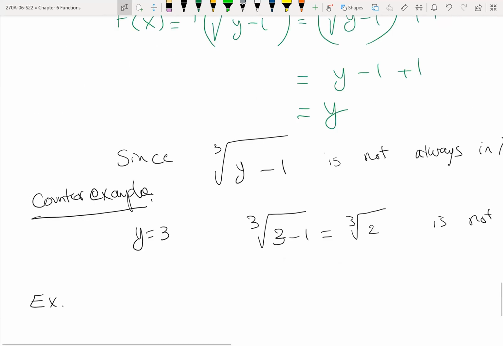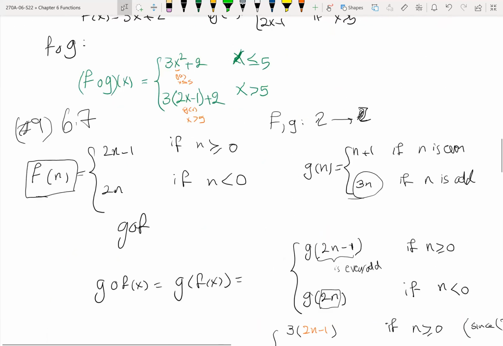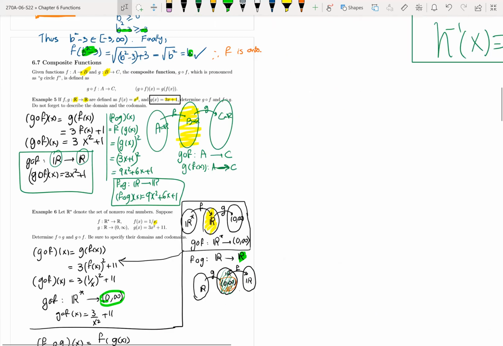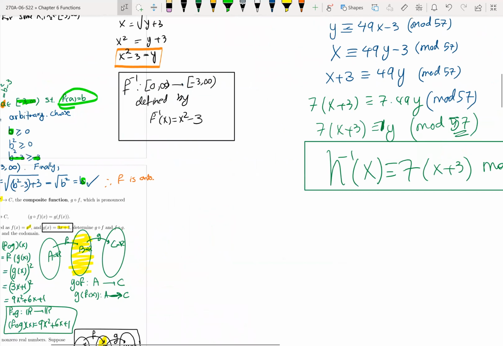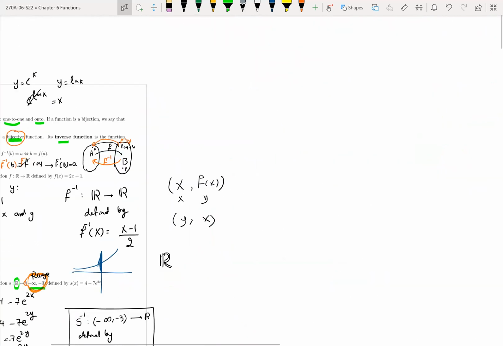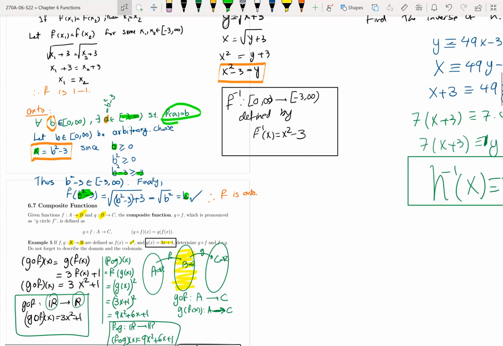Let me make sure which examples we tried. I think we tried only 1 or 2 examples. For modulus, which one is this one, huh? The 57 one, and that's it. Yeah.